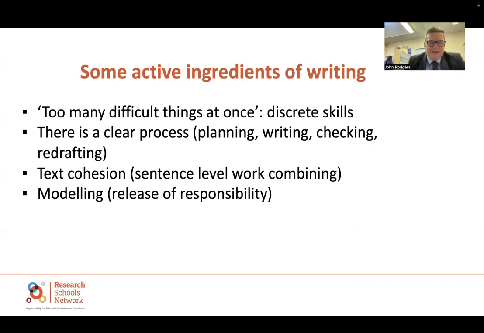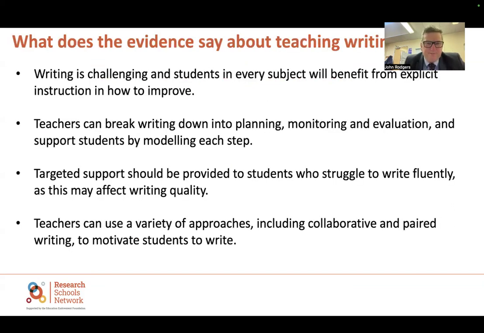We know we've got to get to that text cohesion work. And so a large part of the evidence says that teaching explicitly, modeling each step, getting students to be as fluent as they can be in each of the discrete skills is only going to be beneficial for their responses of high quality written responses in the future.